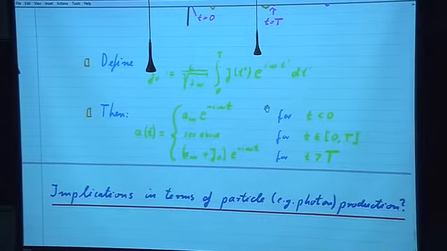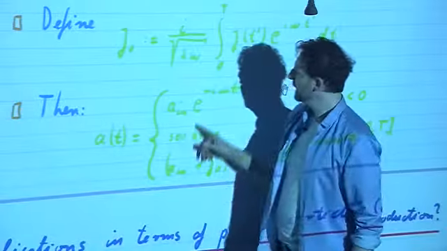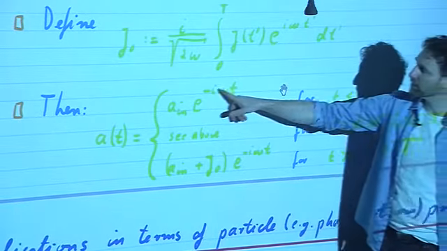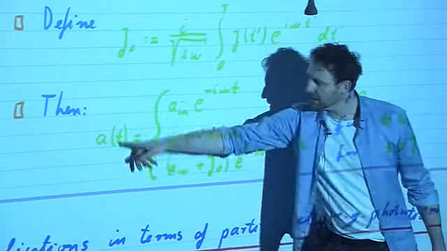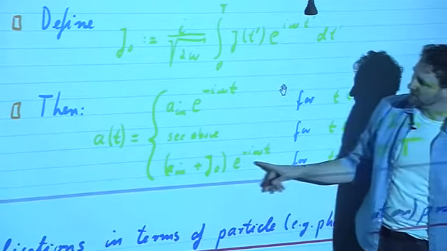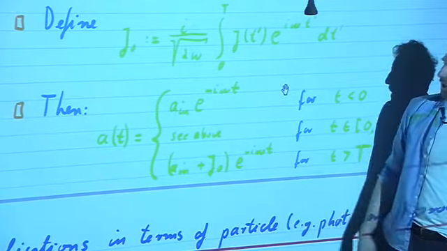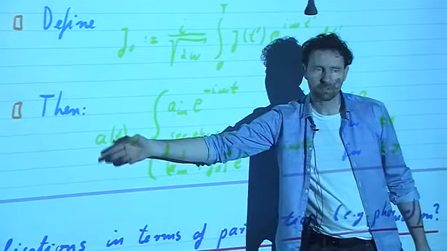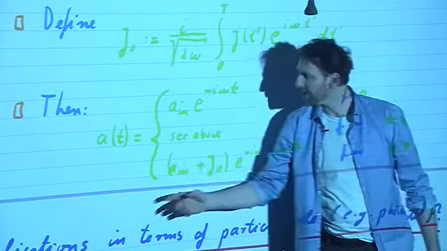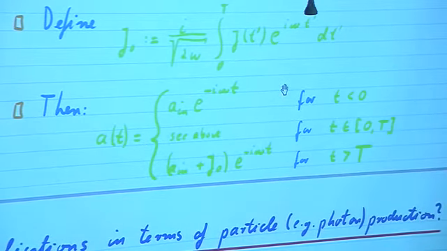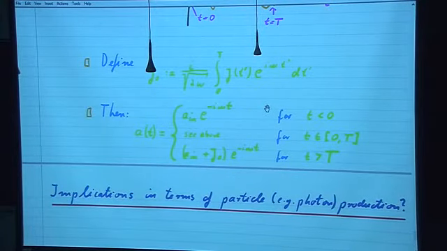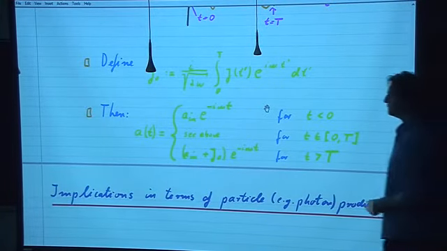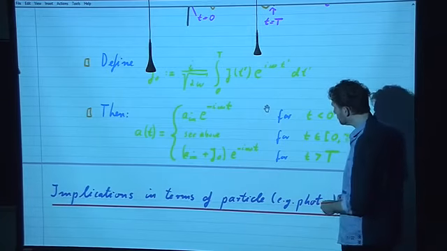And what we see here is that the A of t evolves like this before the force started acting. The A of t is like this after the force ended acting. And we can easily now extract what the Q of t, the P of t is after the force acted from that solution. And what the implications of all of this are for particle production, for example, photon production by a current in an antenna, we will then do on Friday.